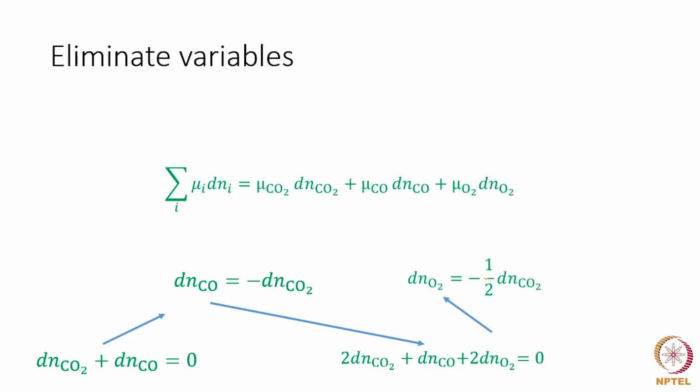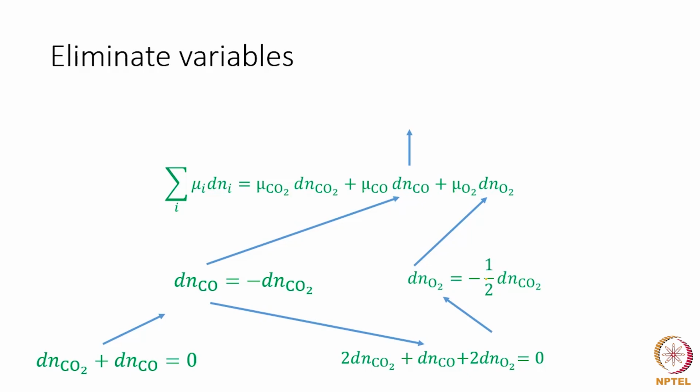This we will substitute in the expanded form of mu i dNi, and we can then simplify the expression so that there is only one variable, which is the differential of the number of moles of one species. So we choose that variable to be NCO2. We can actually choose any of the 3 species. It's all equivalent, but we choose in this example NCO2 as the variable.